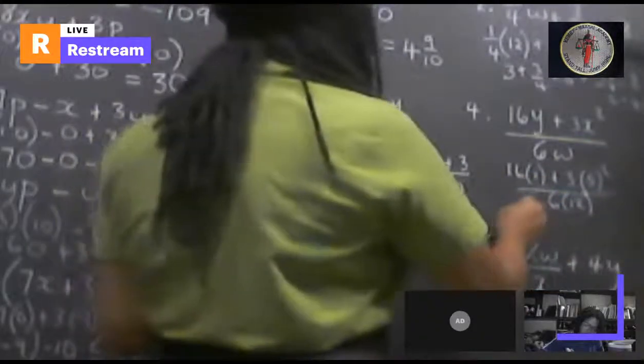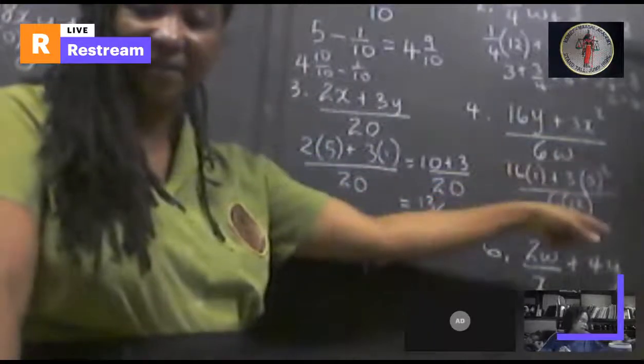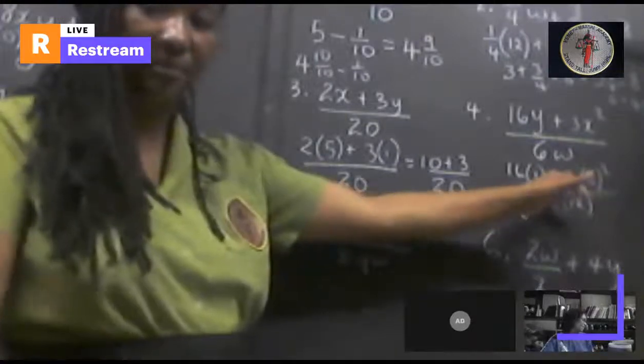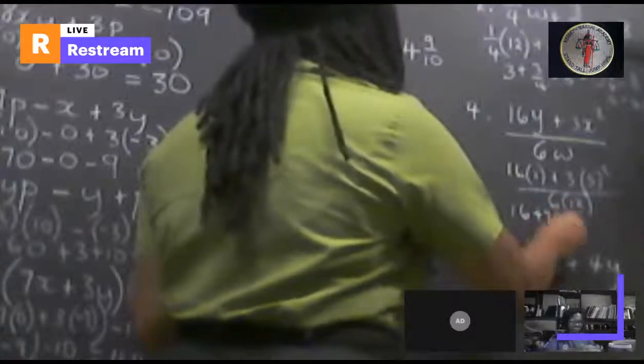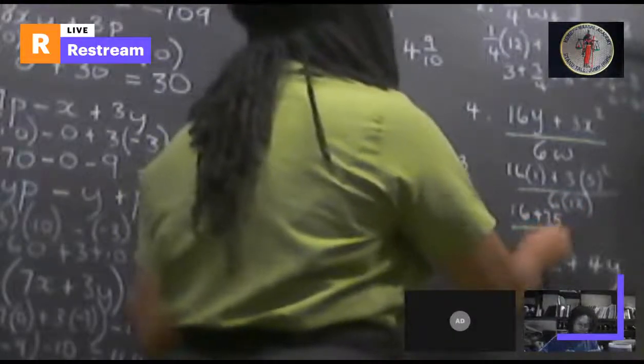So 16 times 1 is 16. We square the 5 first. 5 squared is 25. 25 times 3 is 75. And 6 times 12 is 72.